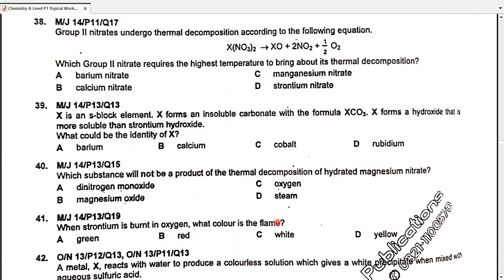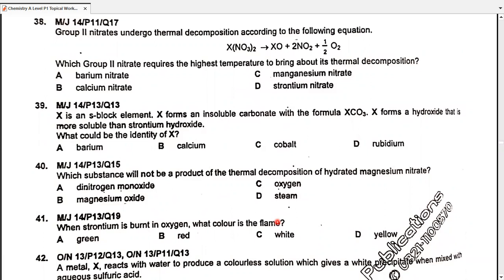40. Which substance cannot be a product of the thermal decomposition of hydrated magnesium nitrate? Oxygen will be there, magnesium oxide will be there, dinitrogen monoxide.